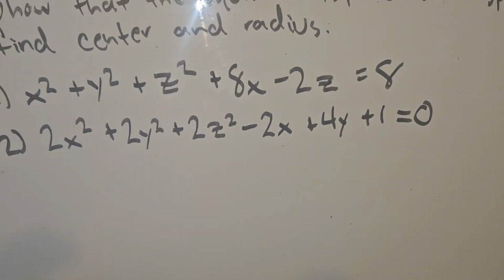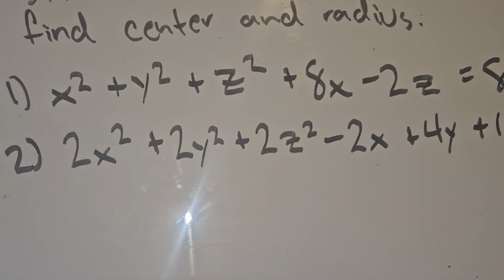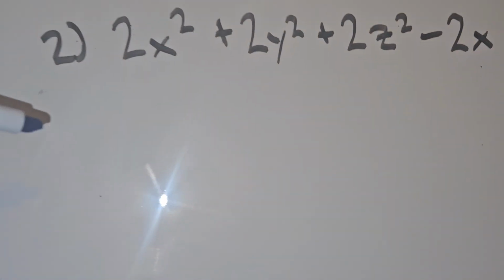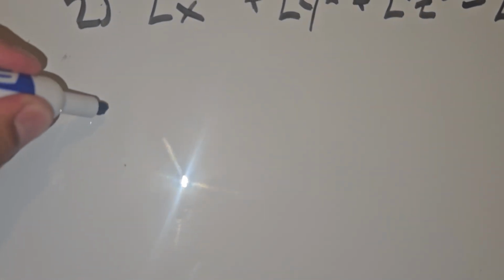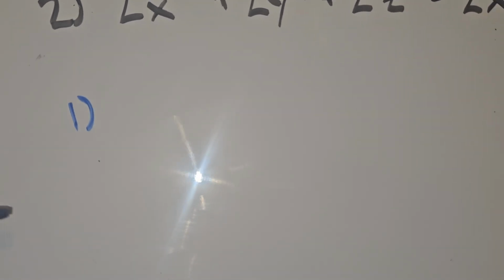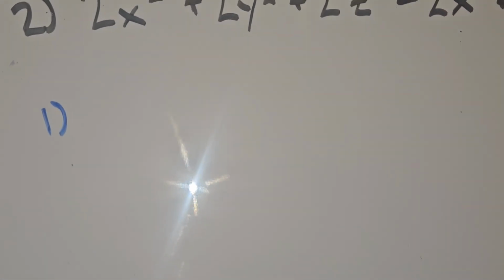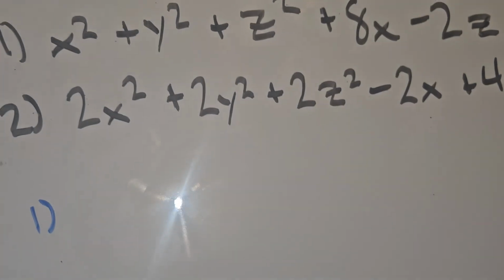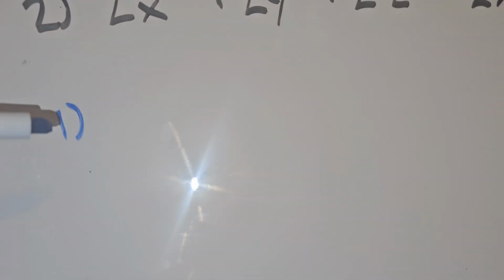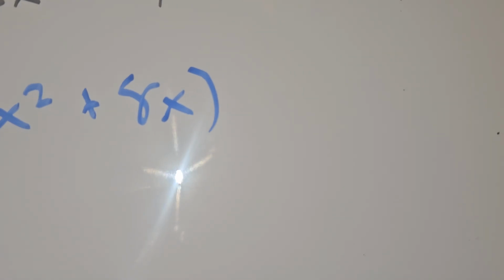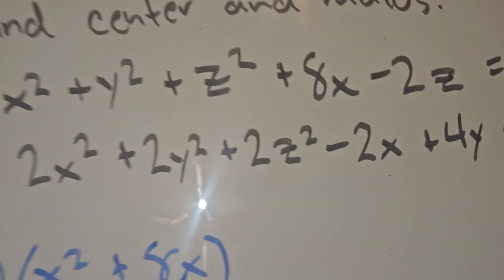So let's go ahead and solve this one. Let's solve number one first. We're going to put the x's with the x's and the y's. We're going to group them. So we have x squared plus 8x. Let's put some parentheses here. Do we have any more x's?